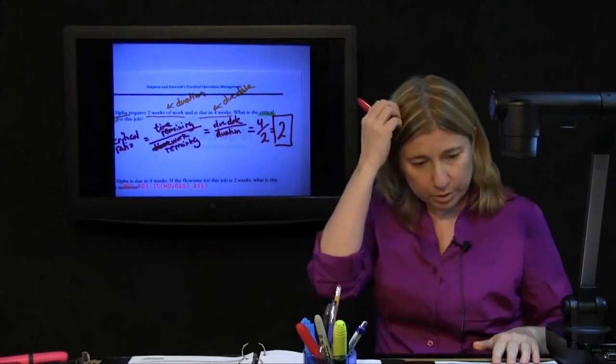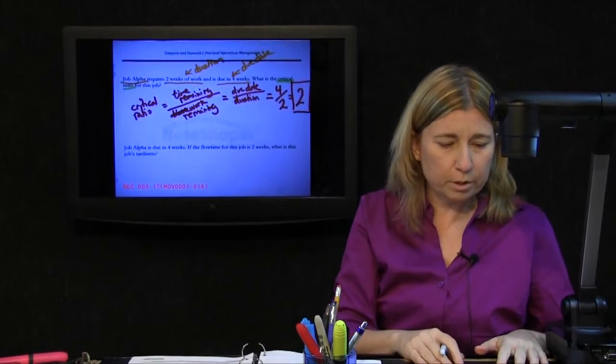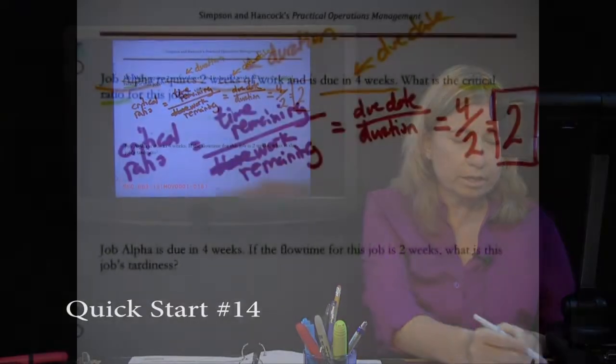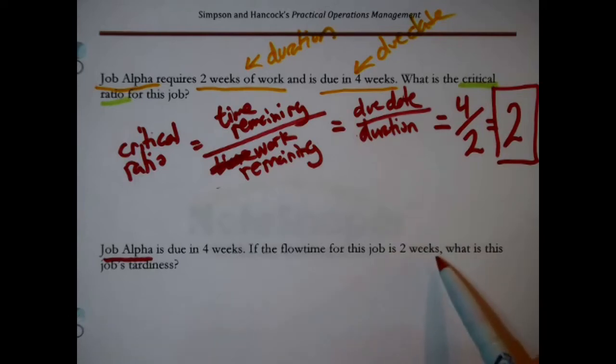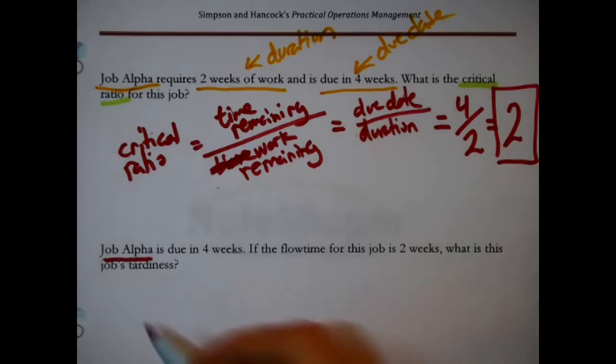Now, speaking of those 2 pieces of information, and job alpha again, the next question: job alpha is due in 4 weeks. Okay, yeah, we knew that. If the flow time for this job is 2 weeks, that is to say when we will finish it, what is the job's tardiness?